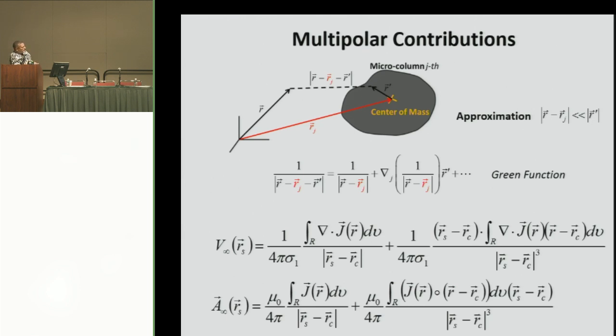I don't want you to remember this, but this term here we call the macroscopic monopole. This term here we call the electrical macroscopic dipole. And this term that you have here, we call the magnetic macroscopic dipole.